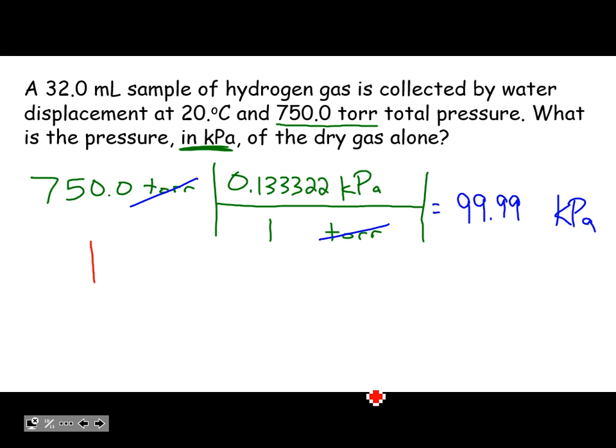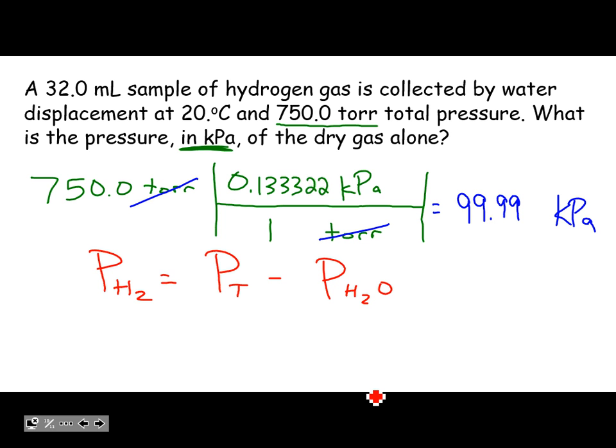Well, same thing now. My total pressure is equal to the pressure of my hydrogen gas and the pressure of the water vapor. So if I rework my equation, the pressure of the hydrogen gas is equal to the total pressure minus the water.